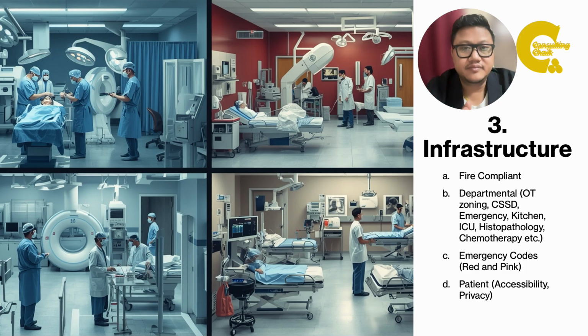For emergency, you should have proper beds, and a proper area for triaging. In case of mass casualty, how those four categories of patient will go, those things need to be taken care of. In case of kitchen, how the used utensils are moving.